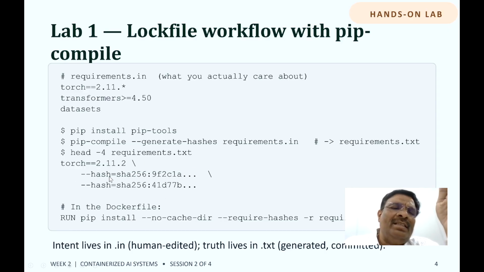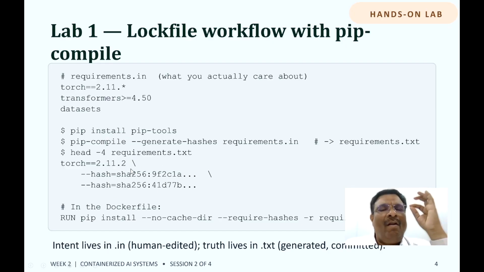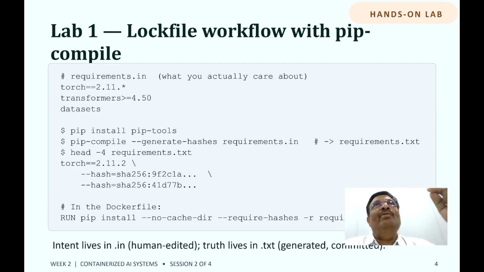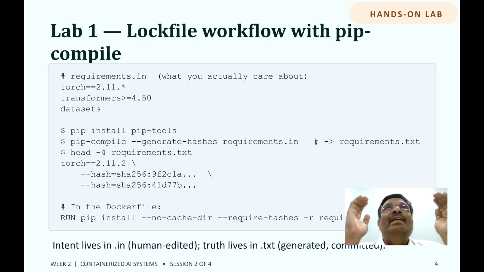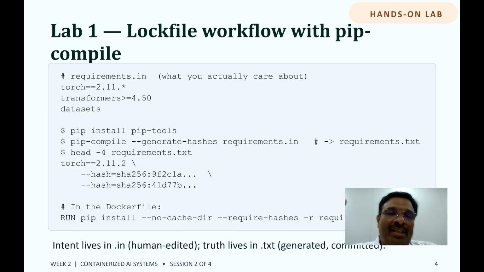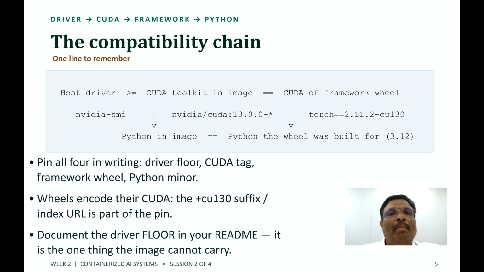Anybody who uses this will obviously be installing the same package along with the same hash values. So it is even byte equivalent. You will not have anything additional. That's what it means when you talk about locking using pip compile.